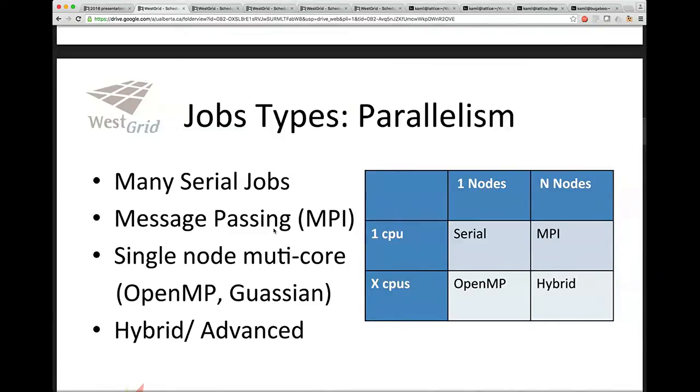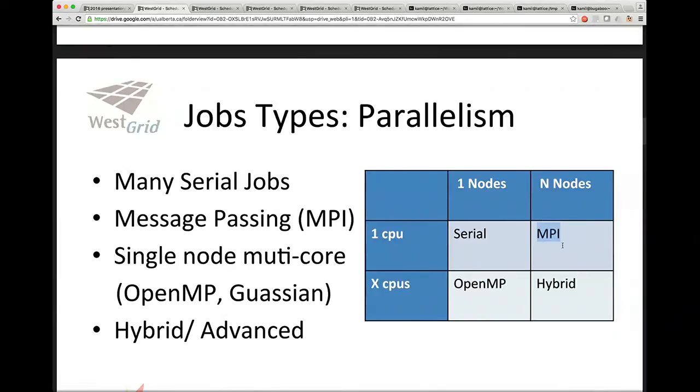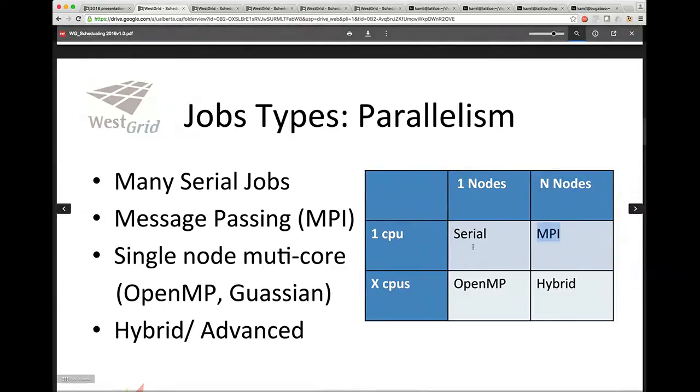So that's a message passing type job. It's usually called MPI. It can run on many nodes, but usually with one core per task, per process of that job. These cores can be on the same node, but can be on many different nodes.